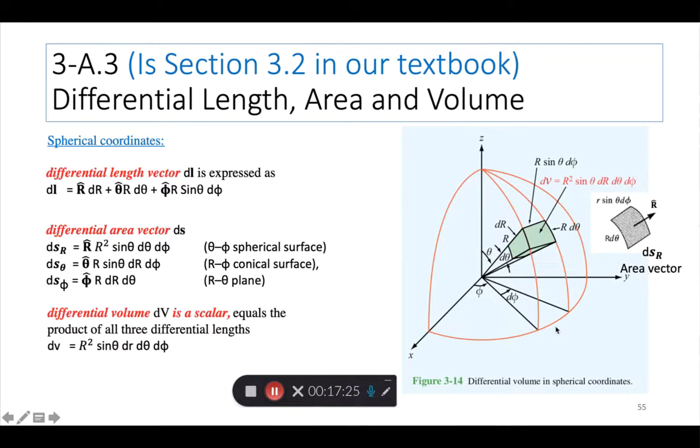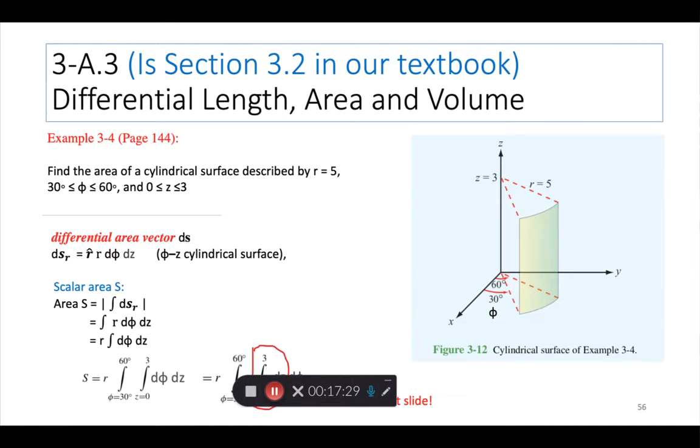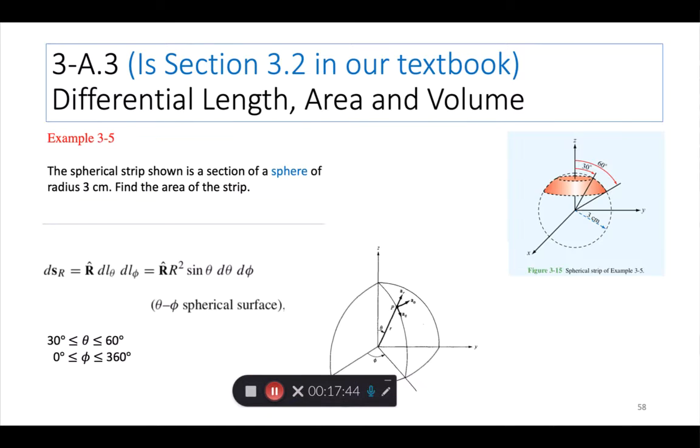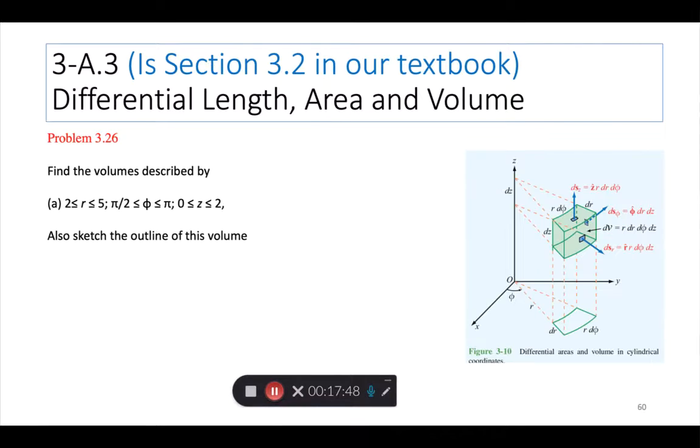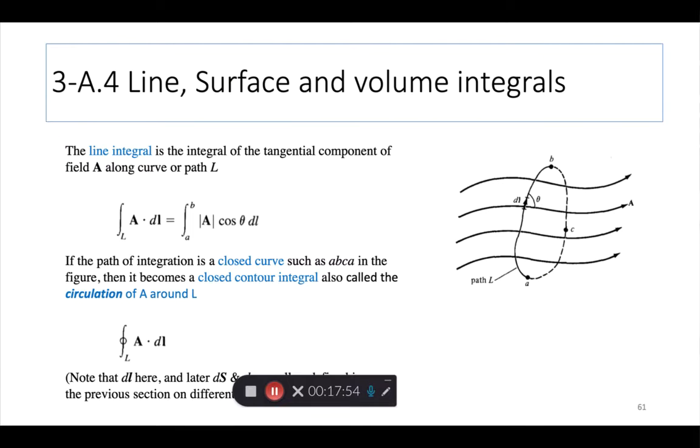Okay, with this, I will move ahead. We hit some examples which I will come back to after we finish the theory. So let me skip slide 56, 57, 58 is also an example, 59 is a problem, 60 is a problem. All of this is related to the differential business, so let's hold off on that.